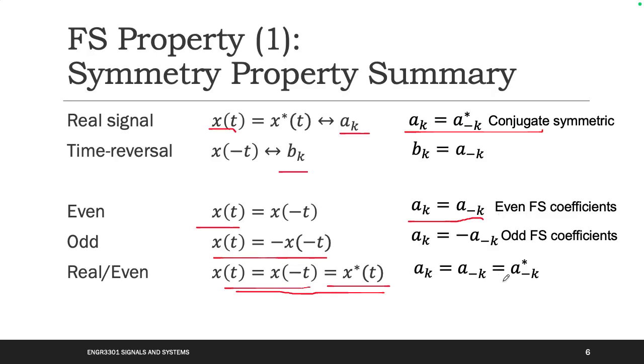Am I right? And then we know the FS coefficient is also real and even. Do you know why?